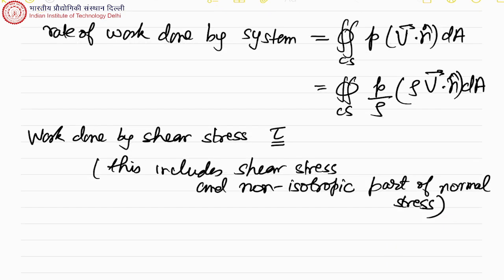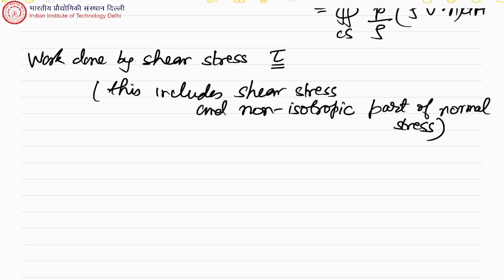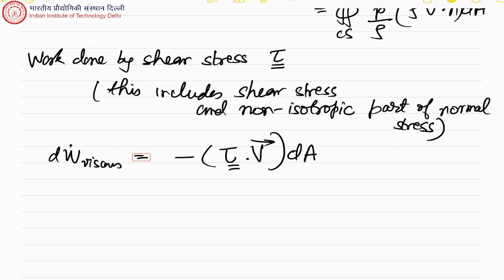We defined the stress tensor into pressure and deviatoric part. So deviatoric part includes all the shear stresses and the non-isotropic part of the normal stresses. So now the work done by viscous forces on the system will be minus shear stresses dotted with V dA.